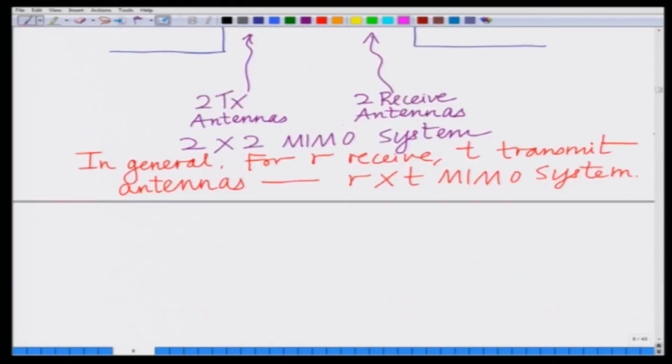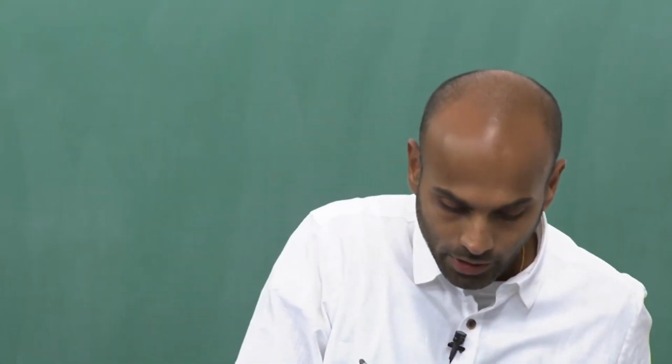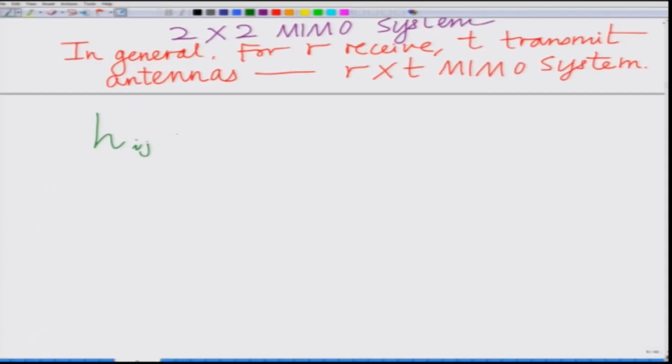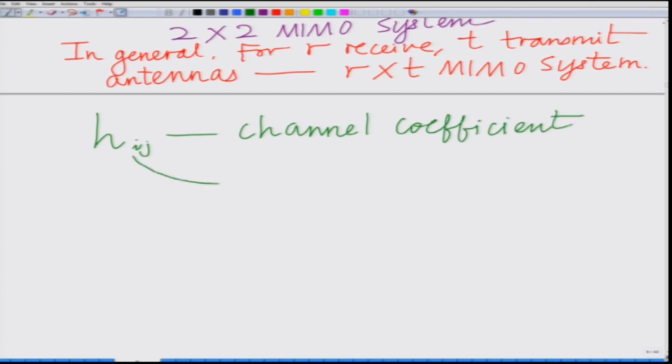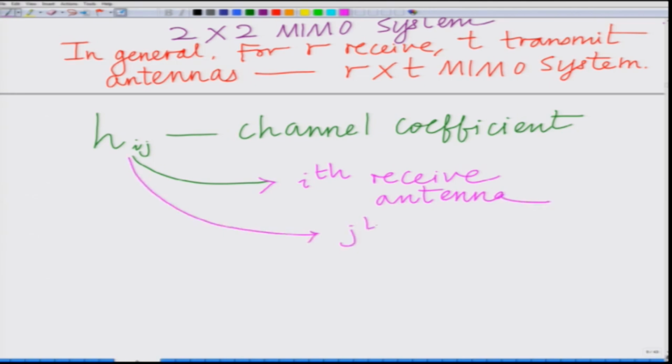So Hij is the flat fading channel coefficient between the ith receive antenna and the jth transmit antenna.